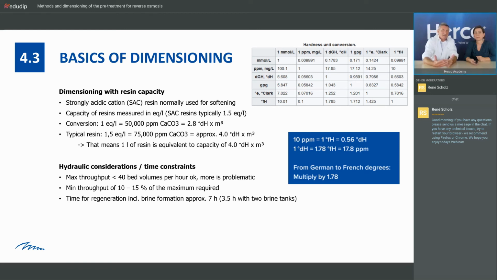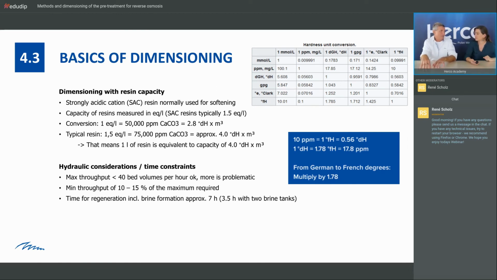1 liter of resin is equivalent to a capacity of 4 degrees German hardness by cubic meters. And that's why you can always divide the softener capacity by 4 and get the liters of resin, right? Exactly. It makes the dimensioning clearer, and how the names of the Herco softeners are given.